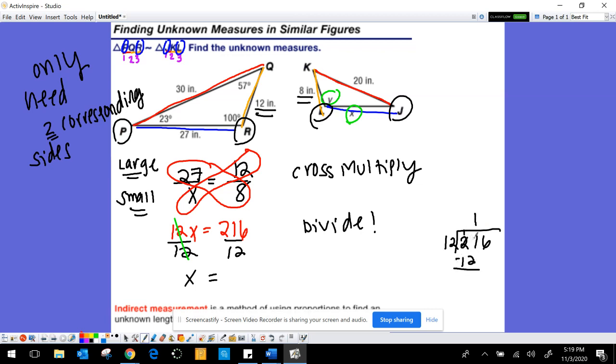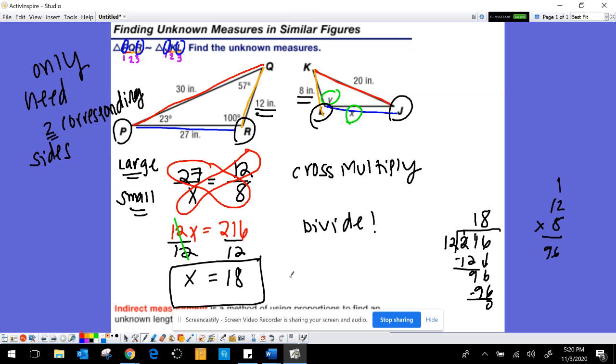Subtract. Borrow. Bring down the 6. 12 goes into 96 8 times because 12 times 8 is 96. So X is 18. Therefore, side JL equals 18 inches. So we solved for X.